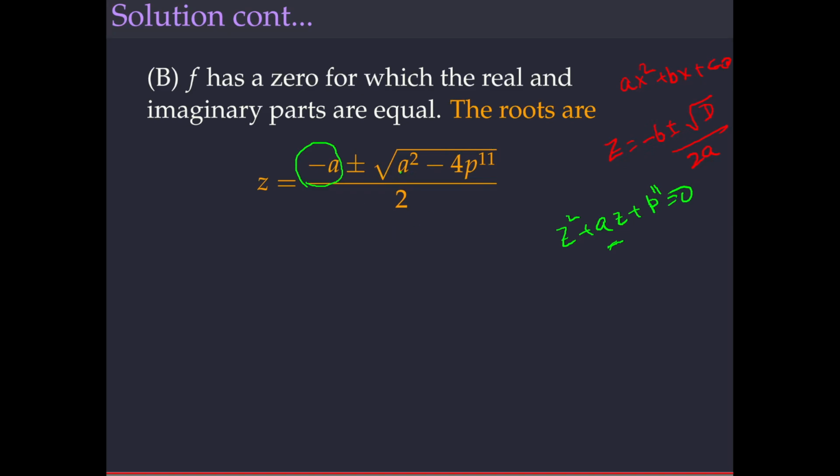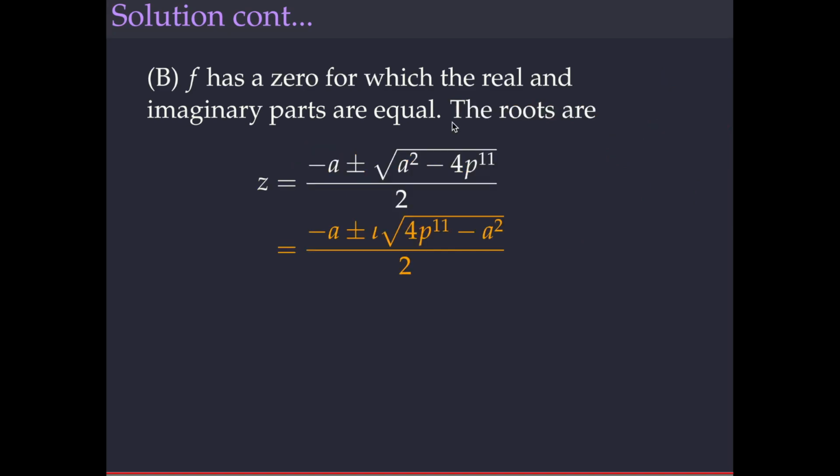But we know that this is negative, so I can take minus as common. Square root of minus 1 is i. That's why I've written minus a plus minus i times square root of 4p to the 11 minus a square.